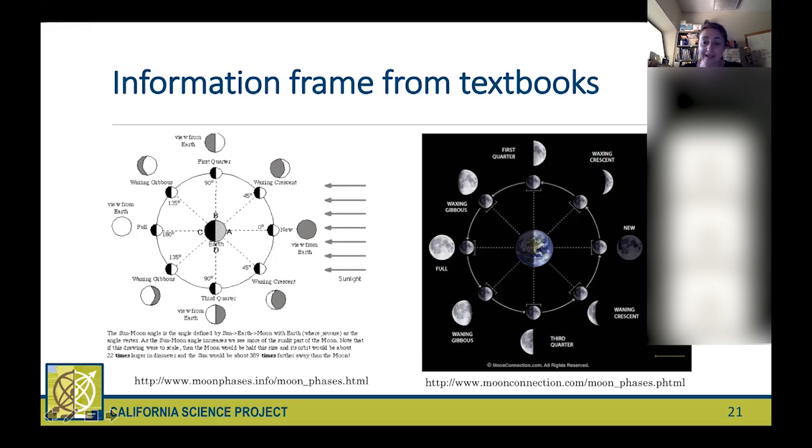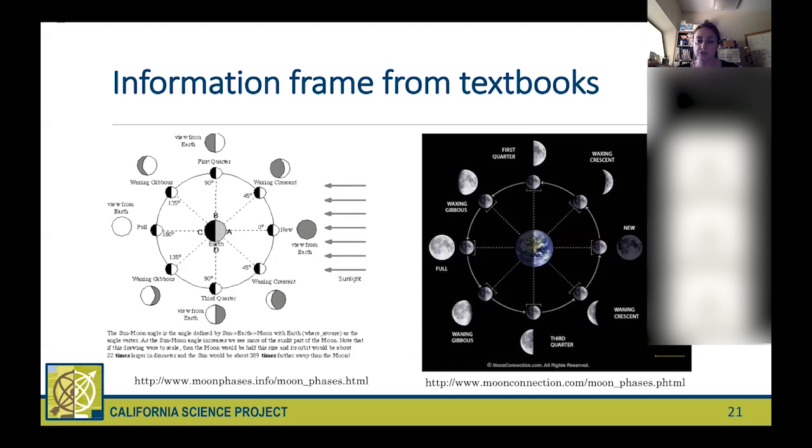In this case, if I'm adding information for the students from these textbooks, actually these are online pages, the students might notice that in both 1 and 3, the sunlight was missing. So what would change in my thinking if I actually add sunlight? And another thing I might ask is, is the sunlight really parallel with respect to the Earth?